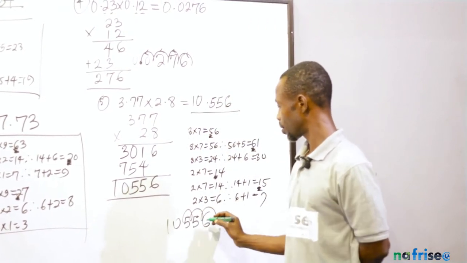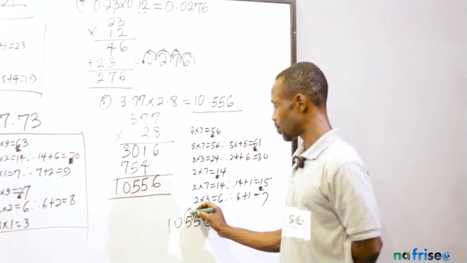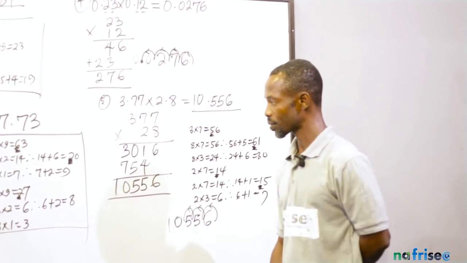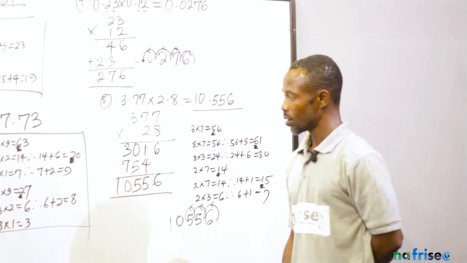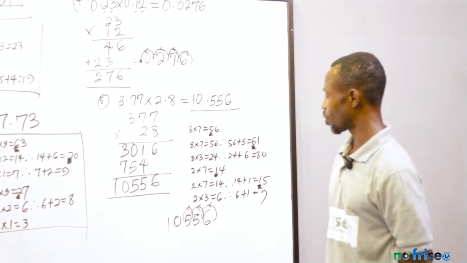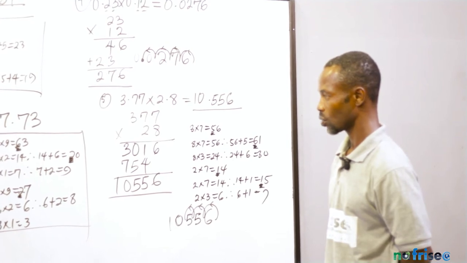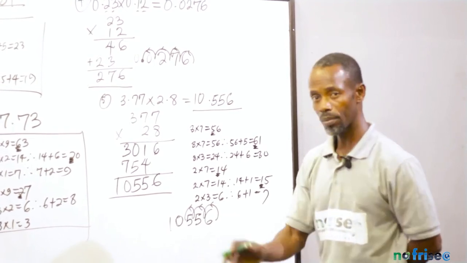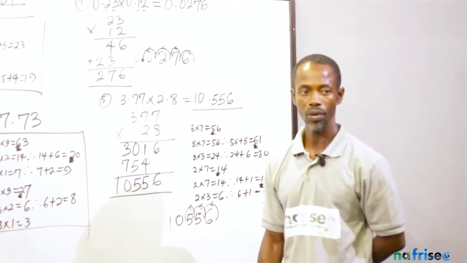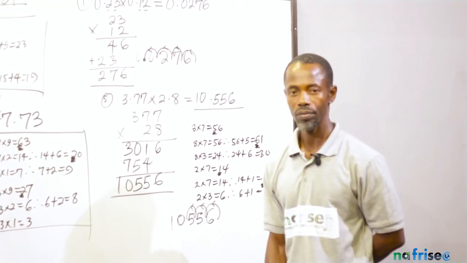That's my answer. So that's what you do for the multiplication of decimal numbers. Just count the decimal places, then multiply regularly, like regular numbers, and you're good.